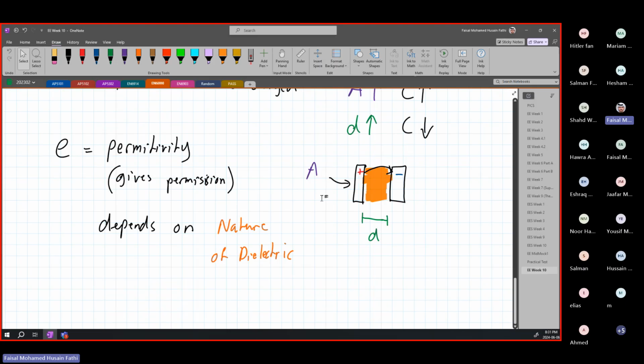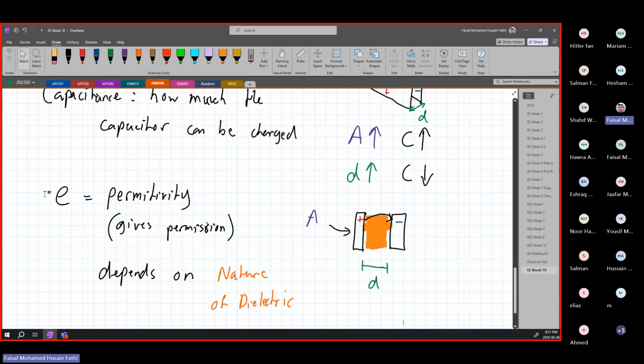It always depends on the type of material in between, and capacitors are usually designed with a specific material depending on how much charge you want to store. Then, for example, if you want to reduce the size, reduce the area, you're going to have to mess around with the material inside, and with the distance between the plates, because you don't want them to be touching, but at the same time you don't want the distance to be too far off.